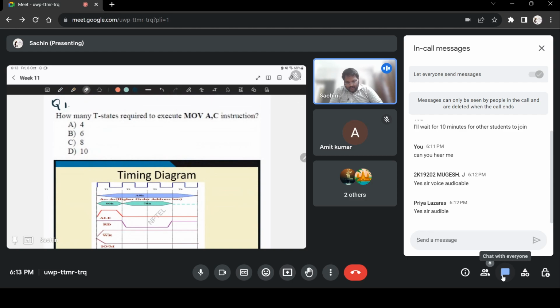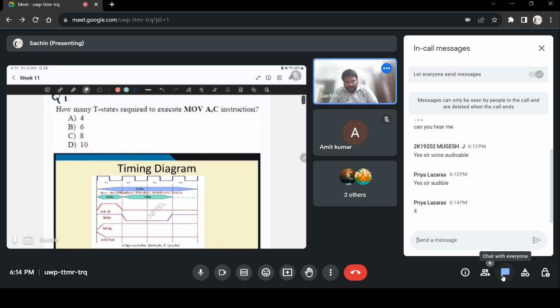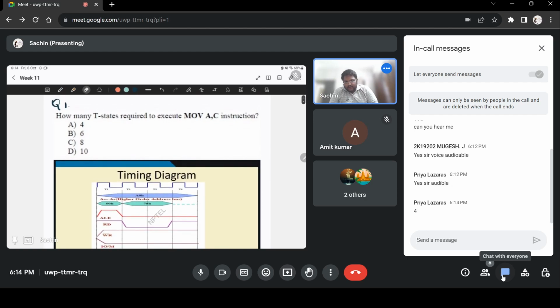How many T states are required to execute move AC instruction? You can type the answer in the chat if you know. Four. Yeah. So, one thing to note here is that the number of T states required can be different for different microprocessors.